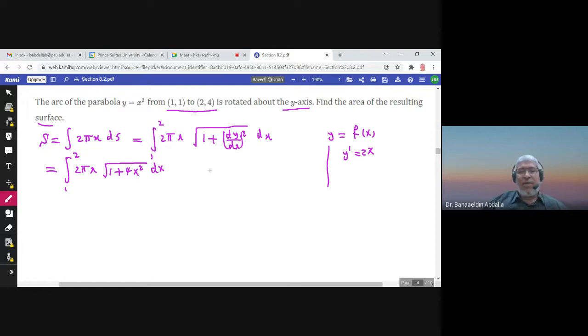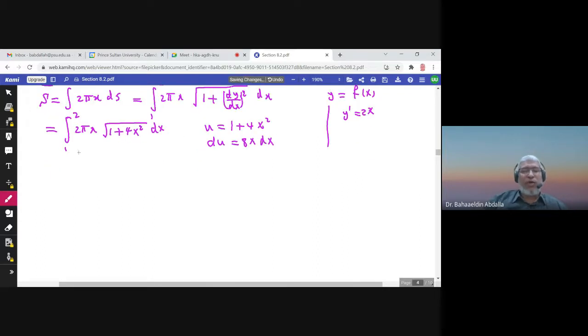To solve this integral, I can take u equals 1 plus 4x square, the usual substitution. And here I have 2 pi x, so I will have 1 over 4, and 2 times 4, 8x dx would be du, and square root of u. And if x is 1, then u is 1 plus 4, that's 5.